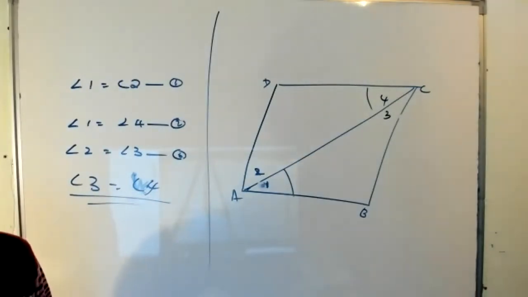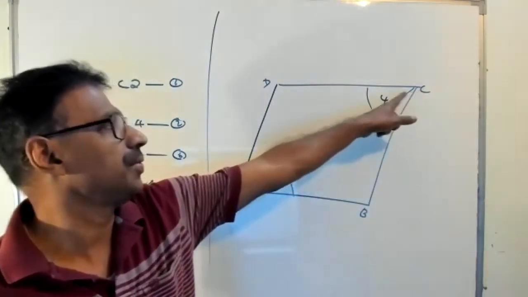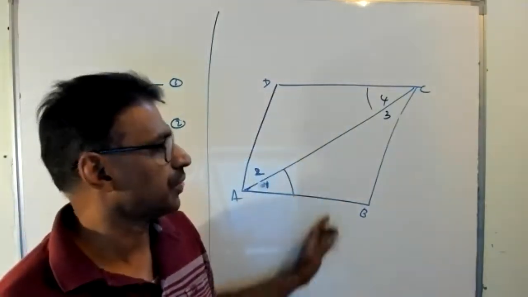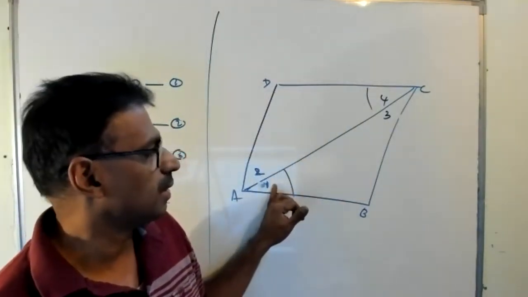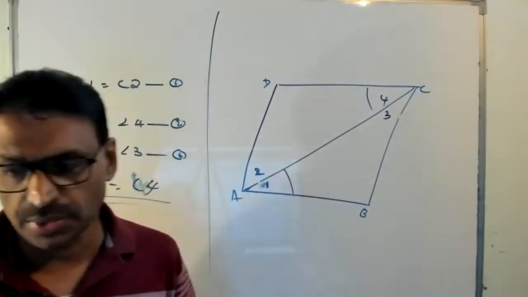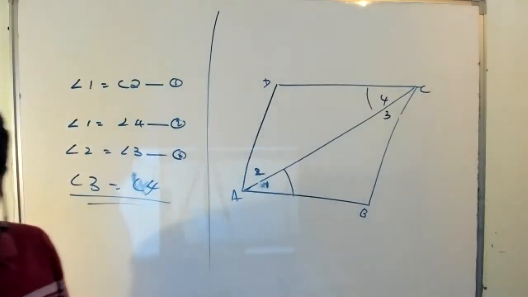Understood now? Then we can do triangle ABC congruent to CDA. Therefore these triangles are congruent, hence this angle equals this one, same thing. That's okay, no problem, but this is easier now.